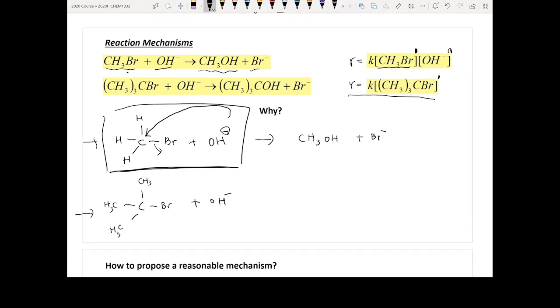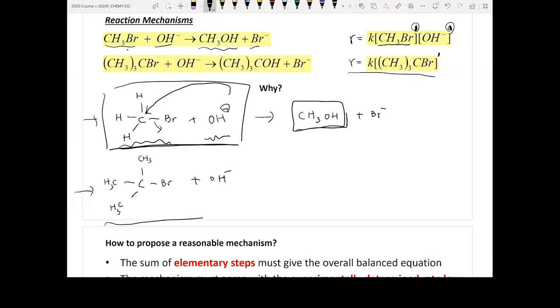In this step, the key thing is these two species need to encounter each other in the right orientation. Then the reaction will happen. In other words, in this specific reaction, the rate determining step is how fast these two species can encounter each other in the correct orientation. So it involves two species at the same time. That's why you see the first order on both reactants.